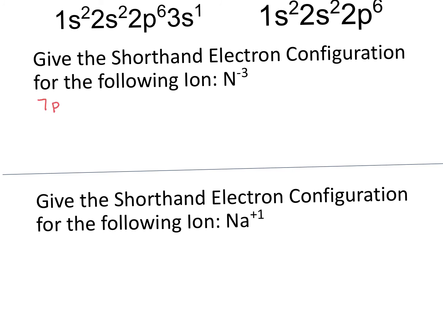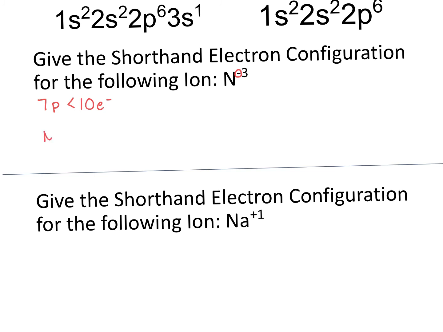7 protons. In this case, I have an overall negative charge, so I know I have to have more electrons. I have 3 more electrons than protons, so in this case, I should have 10 electrons. Looking at my periodic table, I'm going to identify the closest element that has 10 electrons.